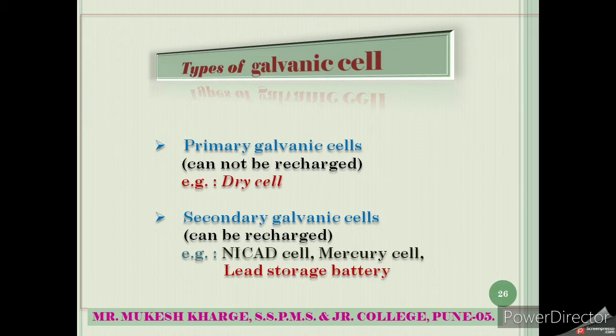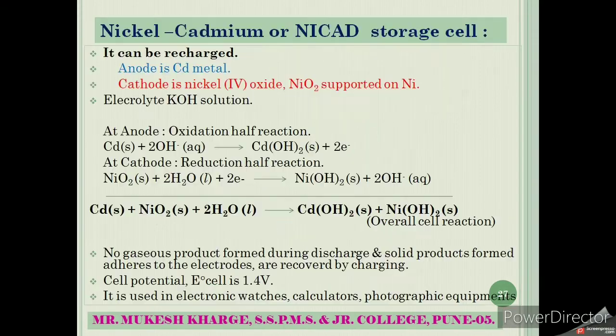Example is Nickel-Cadmium cell, NiCad cell, Mercury cell, lead storage battery. So today we will discuss NiCad cell and Mercury cell in detail. Let us discuss first cell, Nickel-Cadmium NiCad cell, and they can be recharged.